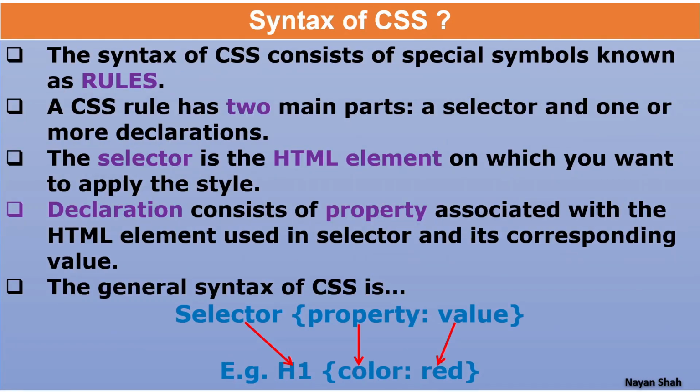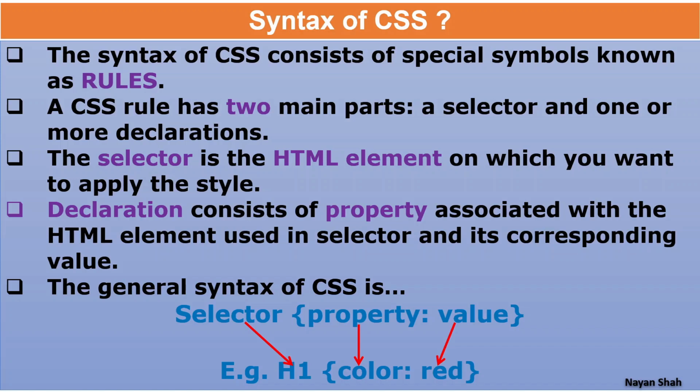Syntax of CSS now. How is CSS written? The syntax of CSS consists of special symbols which are known as style rules. Remember, from this page, you can expect that the board will ask you 1 or 2 MCQs from this single slide. So let us once again understand clearly.